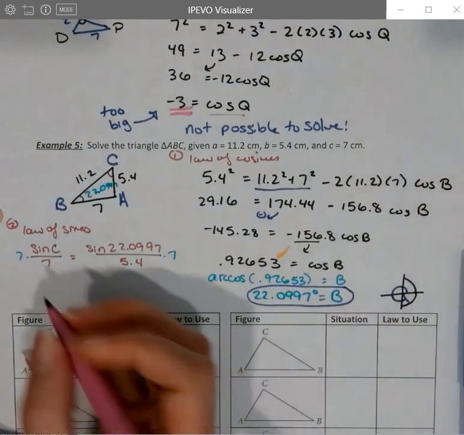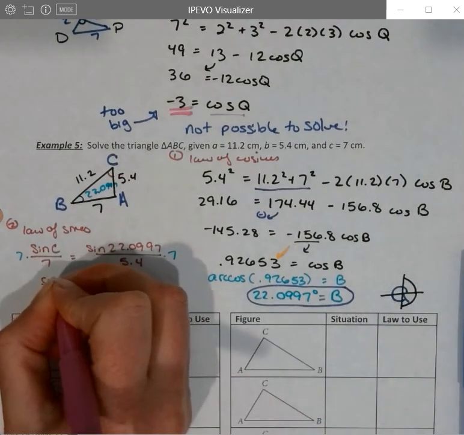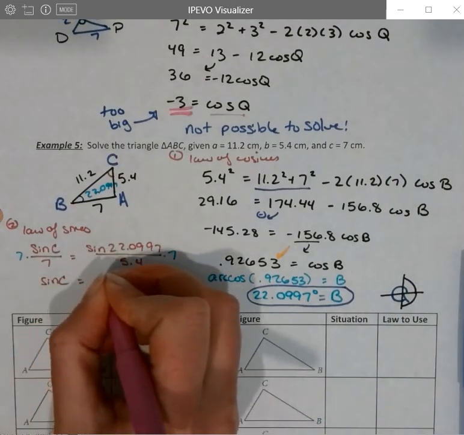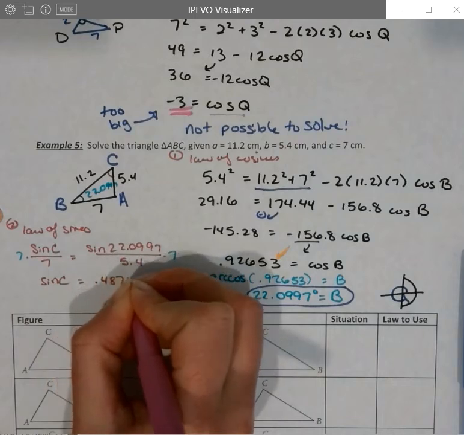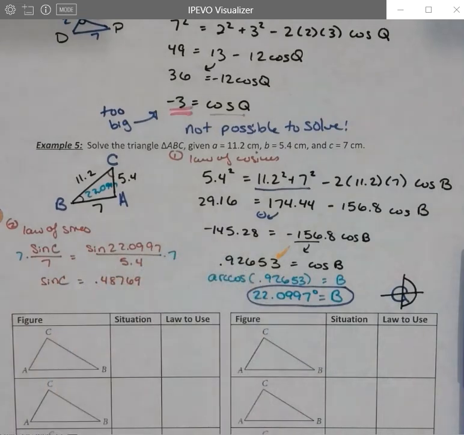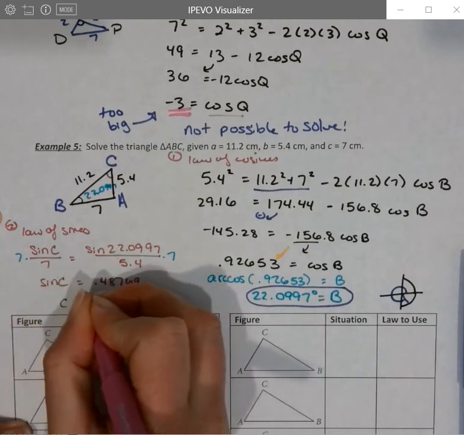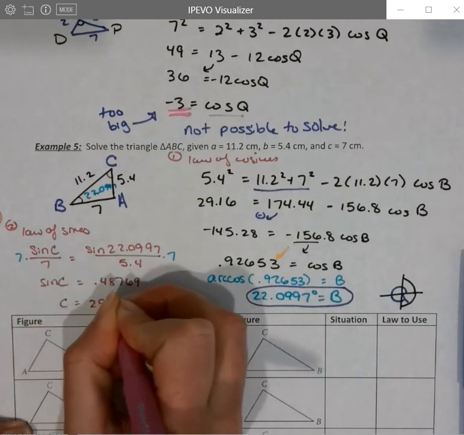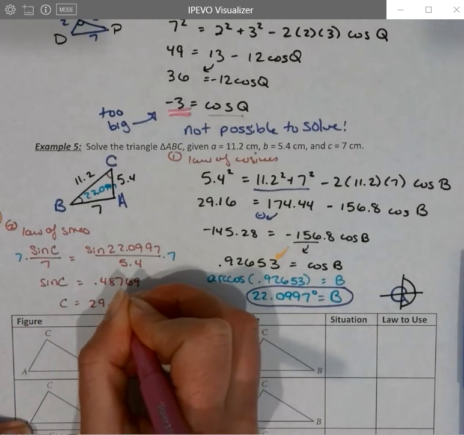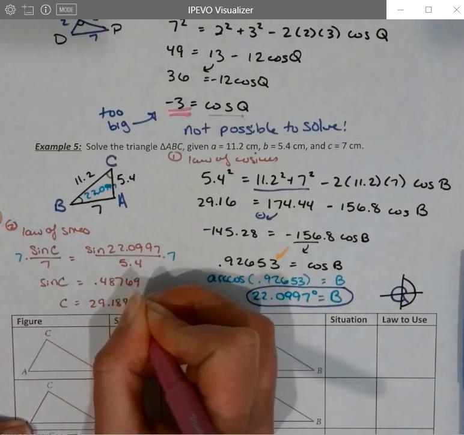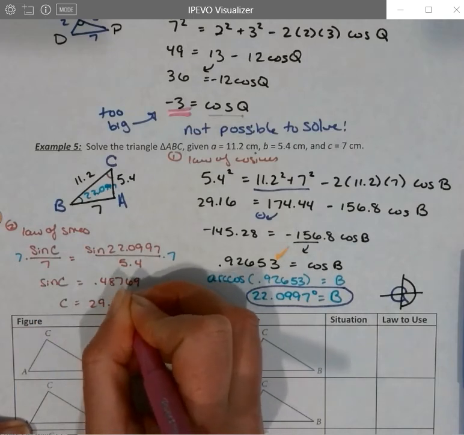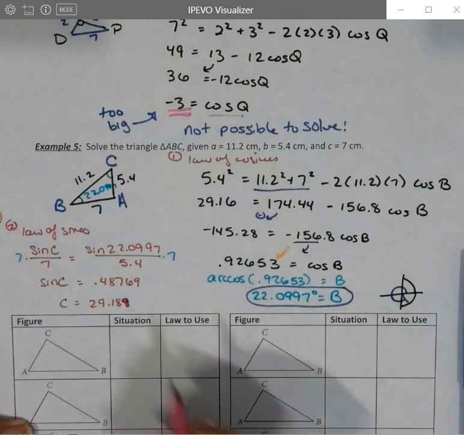And that gives me a sine ratio for C of 0.48769. And if we use the arcsine feature there to find C, that gives us the C value of 29.189. So I'm going to have to round this a little sooner.